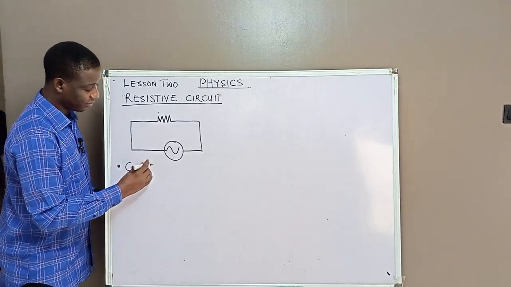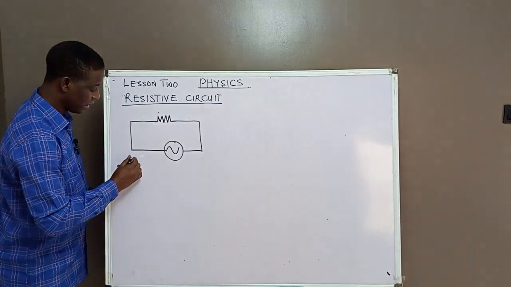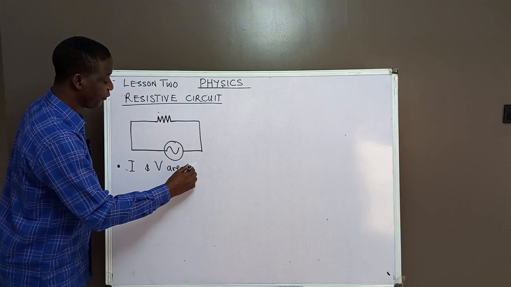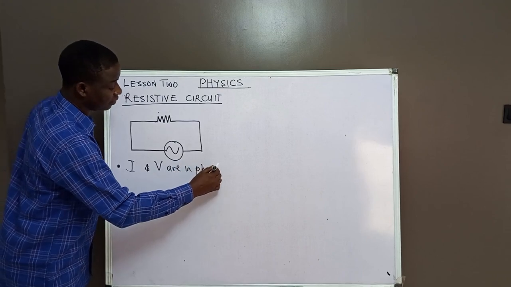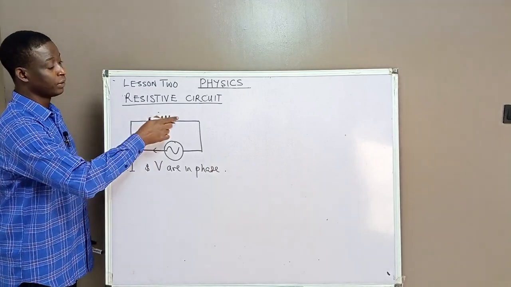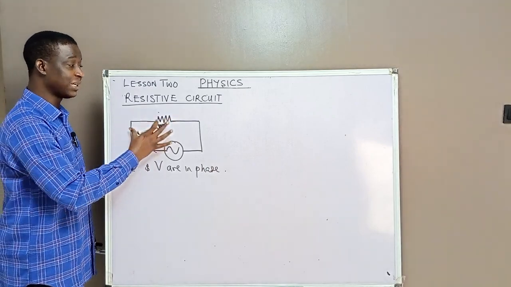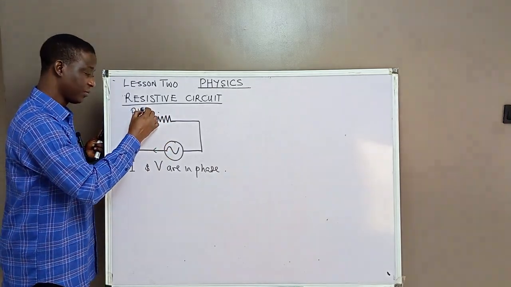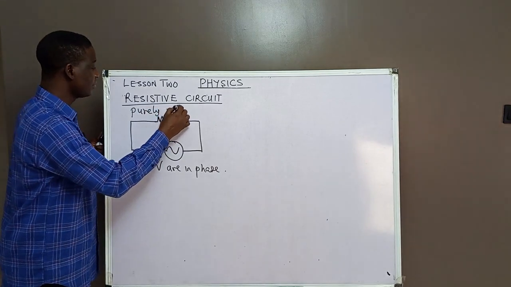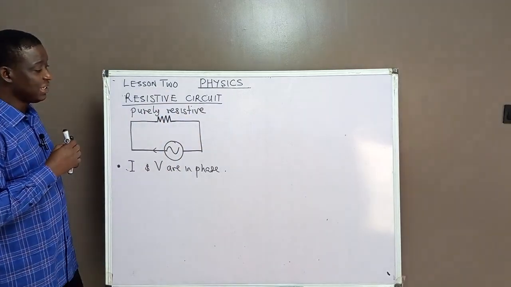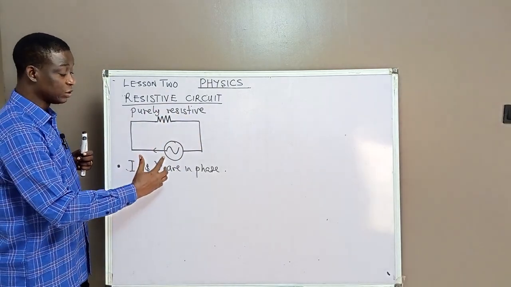The current I and the voltage are in phase. This kind of circuit, we can also call a purely resistive circuit. So the current and voltage are in phase.